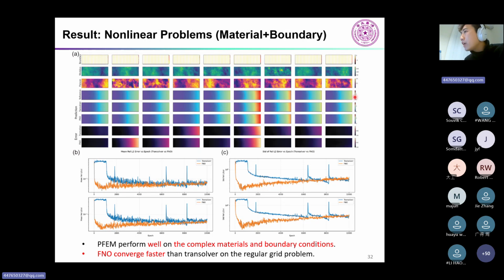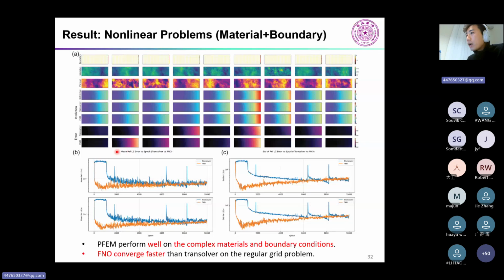The reference solution is from FEM, our Transolver is the fourth line, and the FNO prediction is the sixth line. As you can see, we are very close to FNO, and our error in some cases will be less than the FNO. As you can see here, the prediction of Transolver is better than FNO.